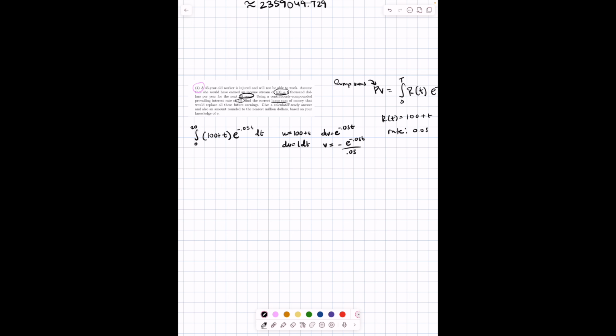And this is from a u substitution. Now to set up the actual integral, you want to do 100 plus t times negative e to the negative 0.05t over 0.05. So this is the uv portion. And then we want to do the minus integral of v du portion.